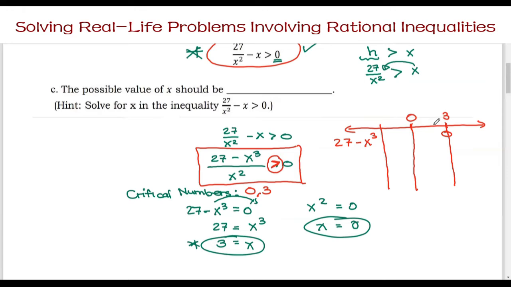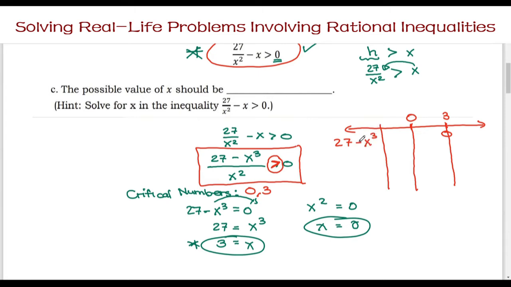And then, if you recall my discussion on rational inequalities, anong sabi ko? Kung ito ay 0, where do you find the positive numbers? Sa kanan, right? Tapos sa kaliwa, nandun yung mga negative numbers, right? But, we have a special case here. Why? Because, tingnan nyo ang coefficient ng ating x cubed.